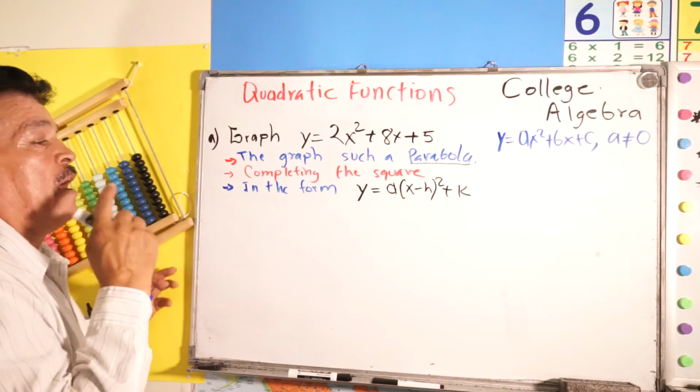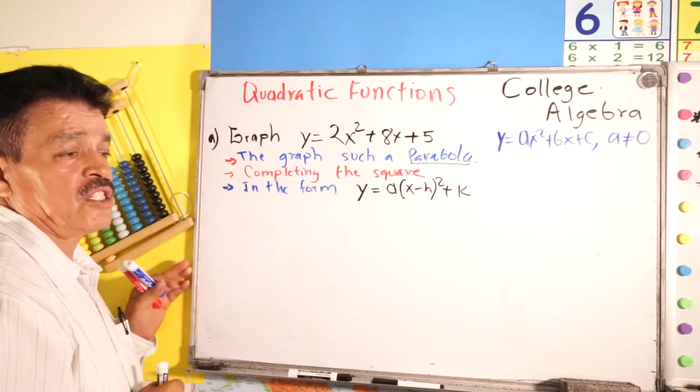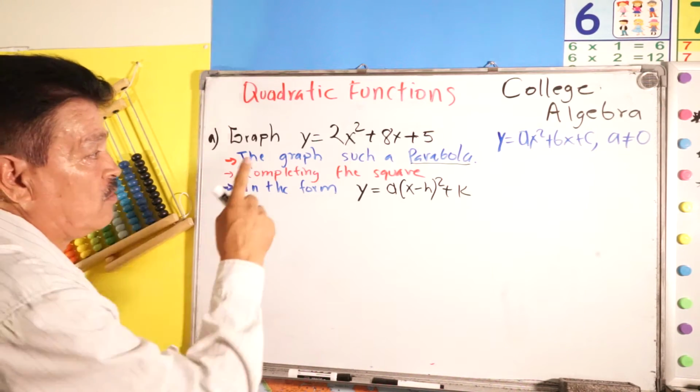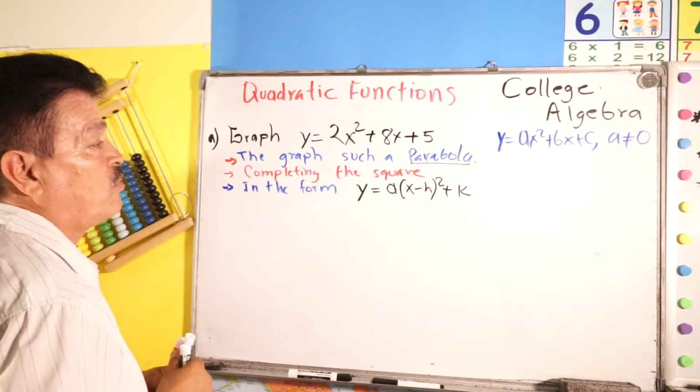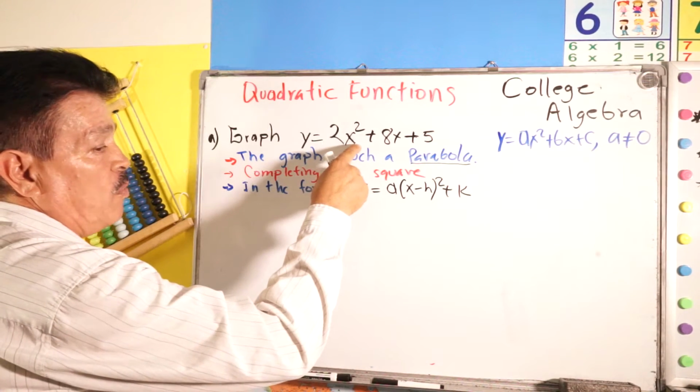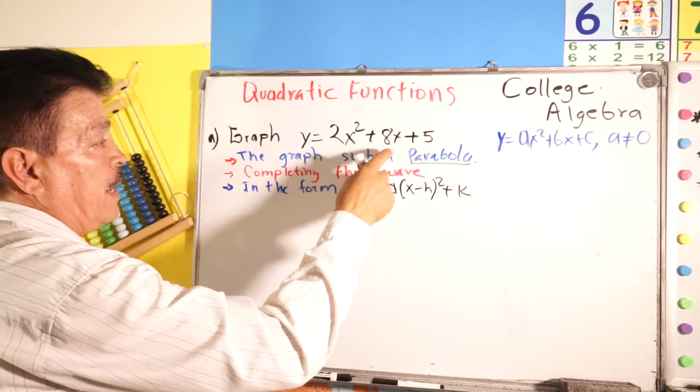To do so, first factor 2 out of 2x squared plus 8x.